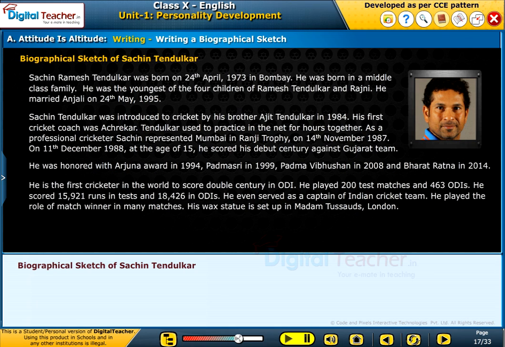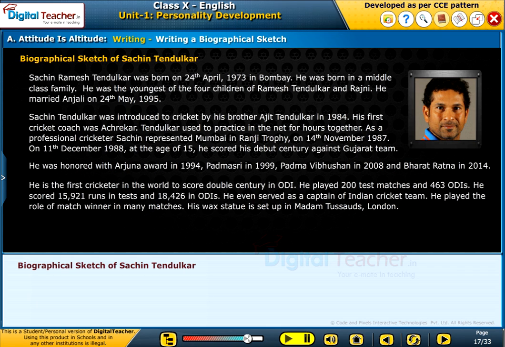He is the first cricketer in the world to score a double century in ODI. He played 200 test matches and 463 ODIs. He scored 15,921 runs in tests and 18,426 in ODIs. He even served as a captain of the Indian cricket team.